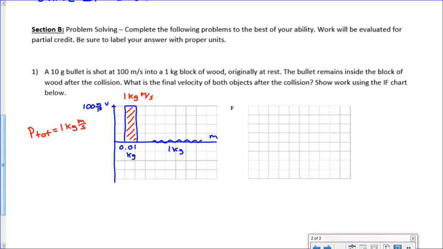So we know that on the other side, when we make our final thing, that because momentum is conserved, the total momentum after the collision is going to also equal 1 kilogram meter per second.